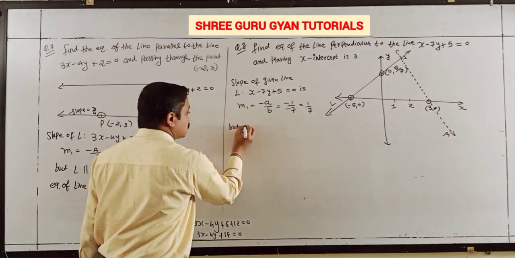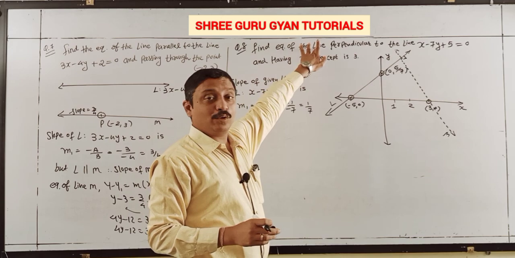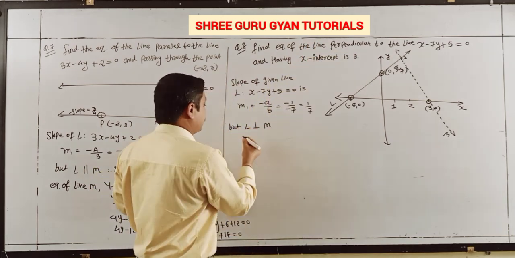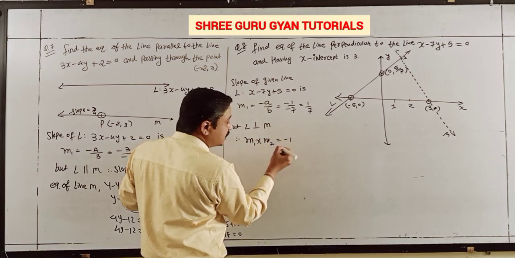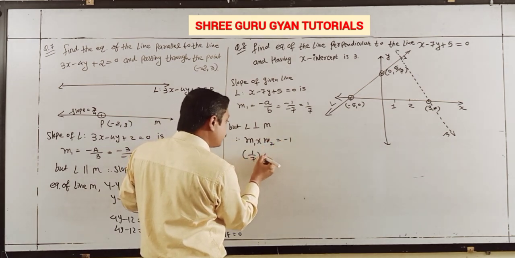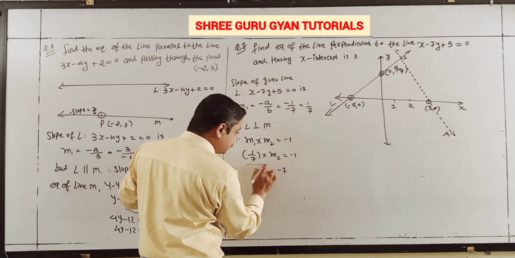But M is perpendicular to L, I want a line perpendicular to the given line L. So m1 into m2 is equal to minus 1.